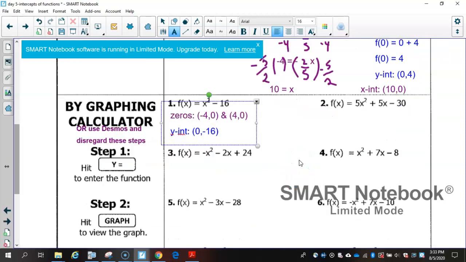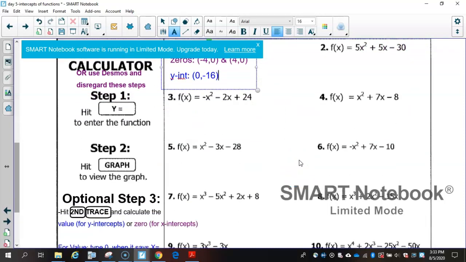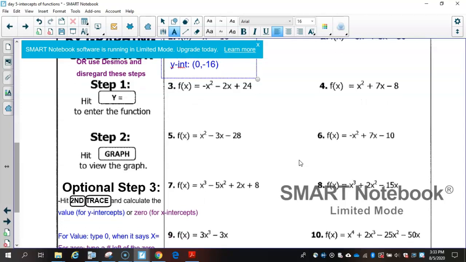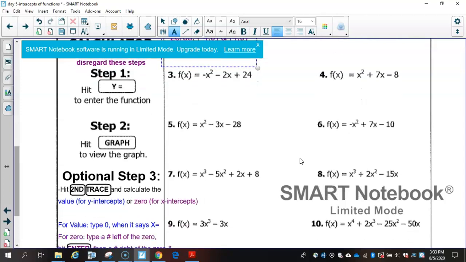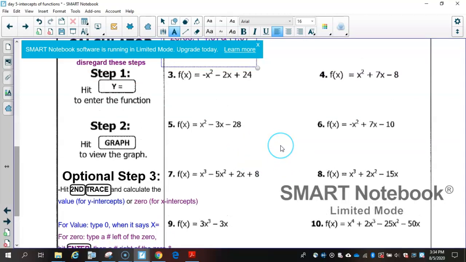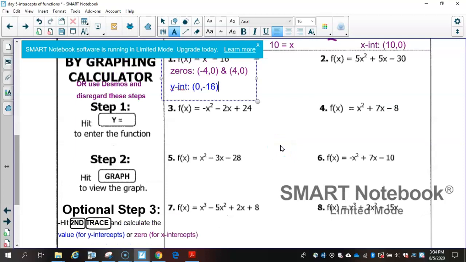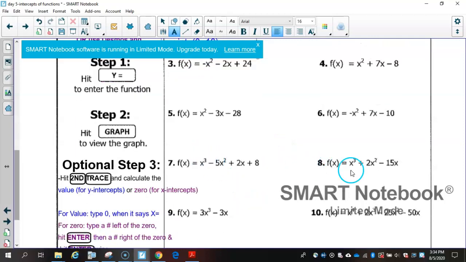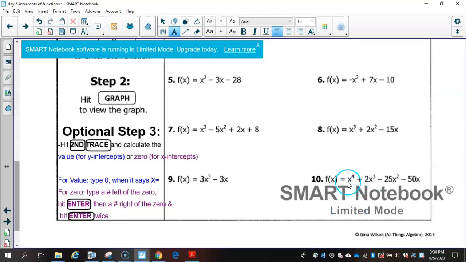Right? Now, let's do one of these ones down here. Let's actually do two of these, because I want to do one of these ones to the third power, and I want to do this last one.